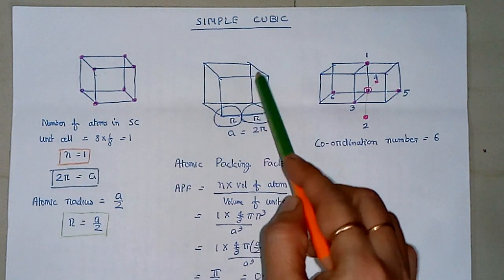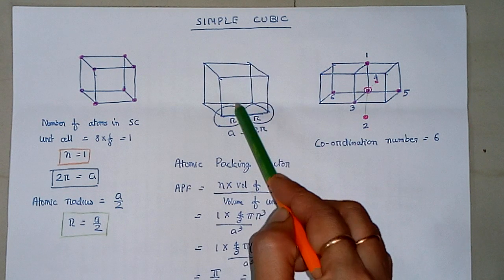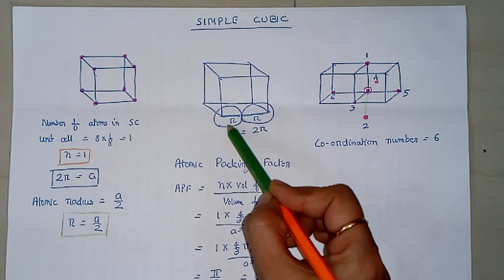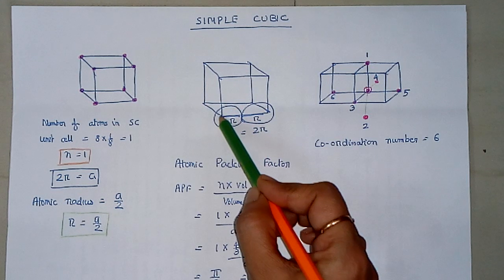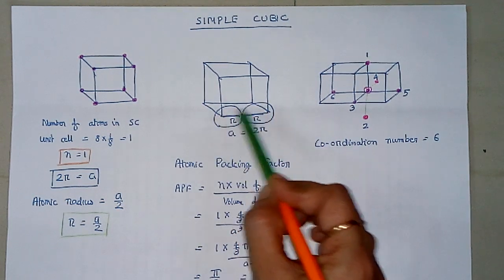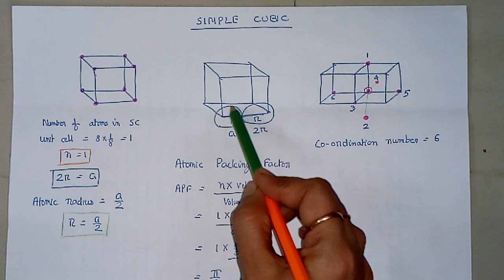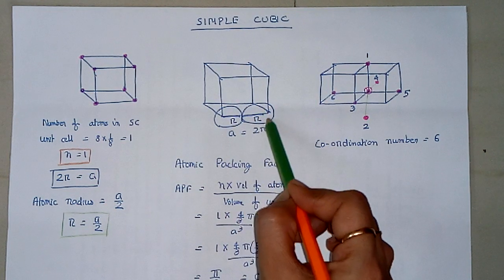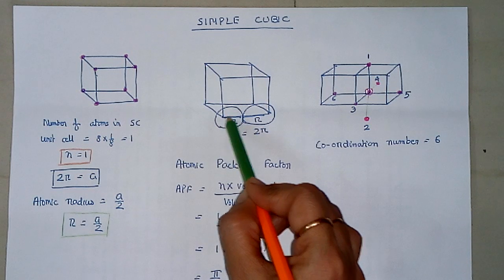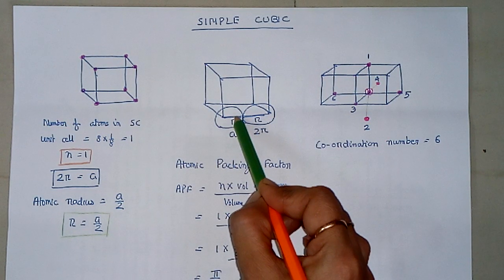Now let us see this figure. In the simple cubic, suppose we are considering 2 atoms at these 2 corners. This atom is at this position and this atom is at this position. Let r be the atomic radius.